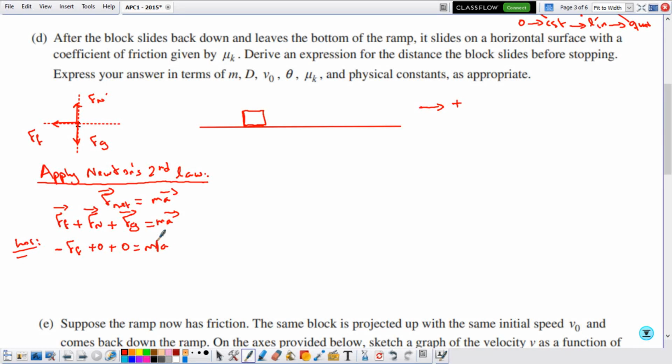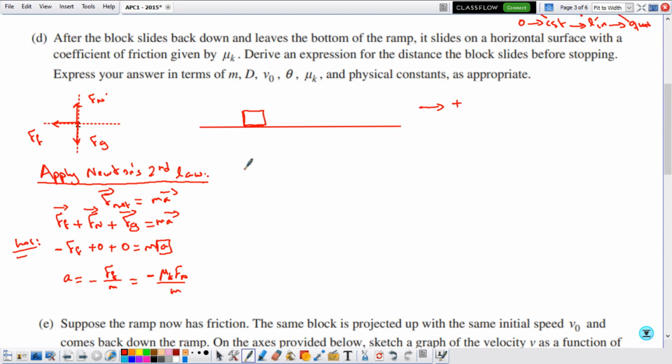Remember that we're searching for the value of the acceleration because we need to find the distance. And from kinematics, most of the expressions involve acceleration. In this case, acceleration would be given by minus friction divided by the mass. And friction in this case is given by mu k Fn, so minus mu k Fn divided by m.